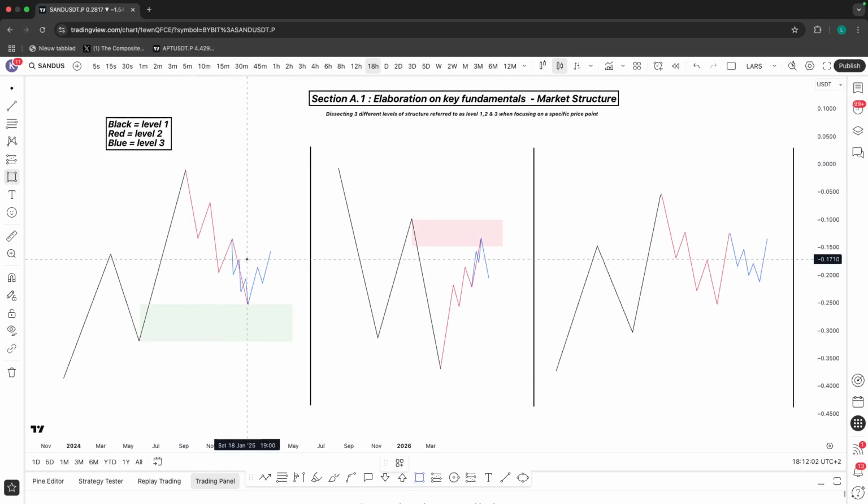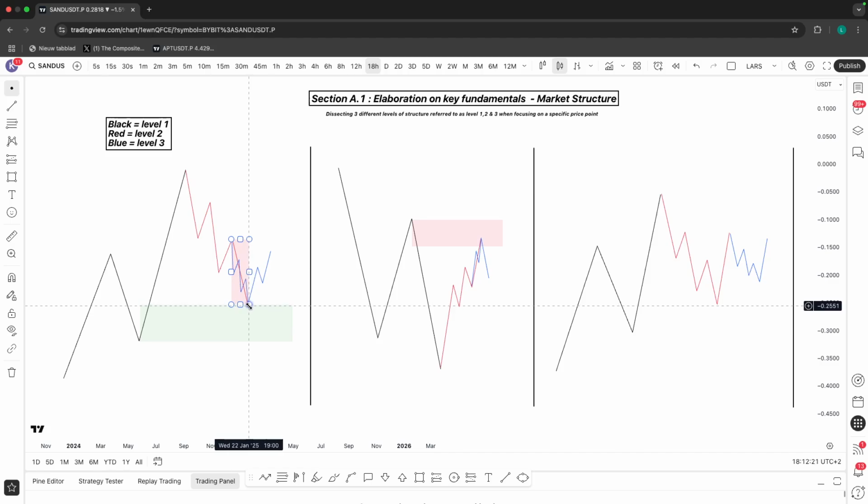Level 3 will simply be the refined market structure of the most recent expansion of level 2. So you can see that most recent expansion towards the downside of level 2. The refined structure in that leg is going to be our level 3.